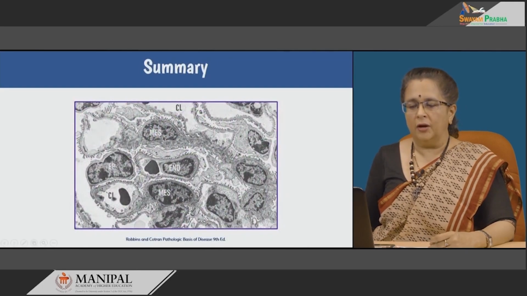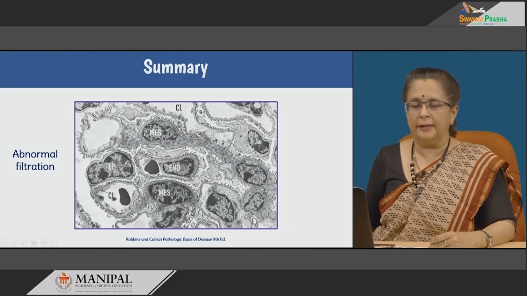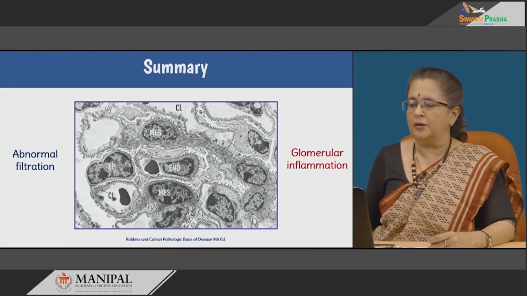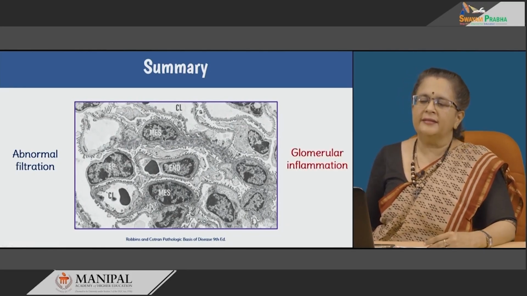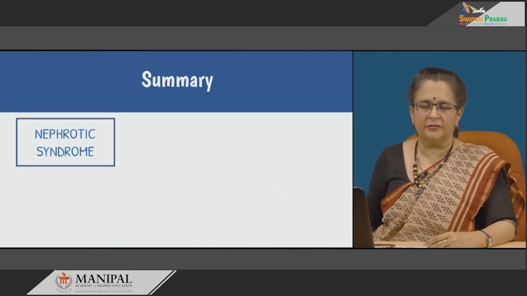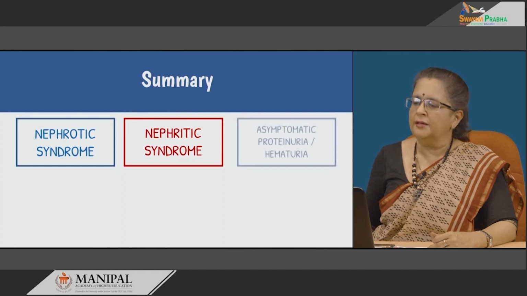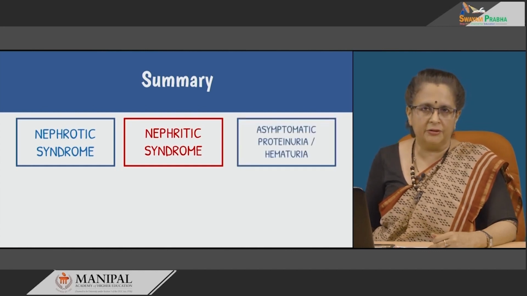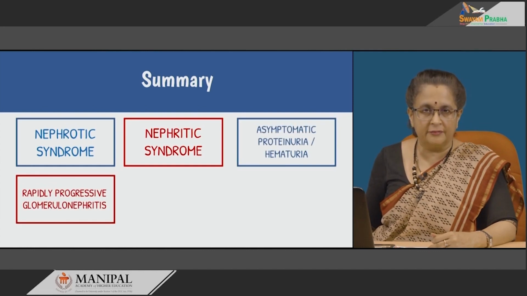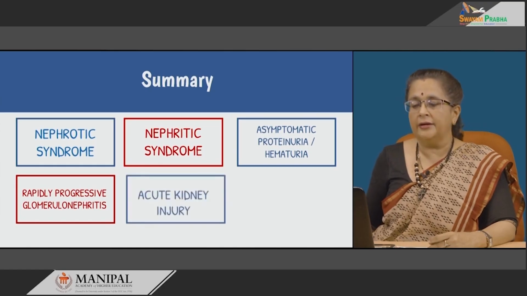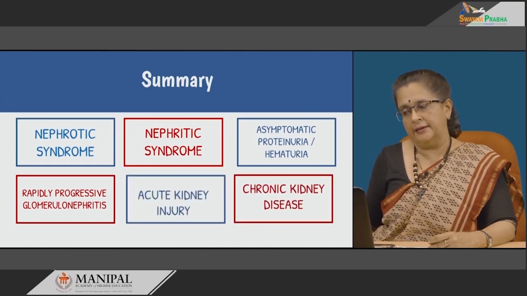Then in glomerular, it is mainly an abnormal filtration which may be responsible, or a glomerular inflammation, and the syndromes that we see are 6 of them. The most important ones are nephrotic and nephritic syndrome. The remaining are asymptomatic proteinuria, hematuria, rapidly progressive glomerulonephritis, acute kidney injury and chronic kidney disease.